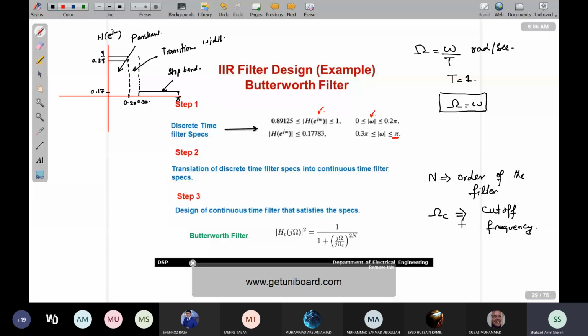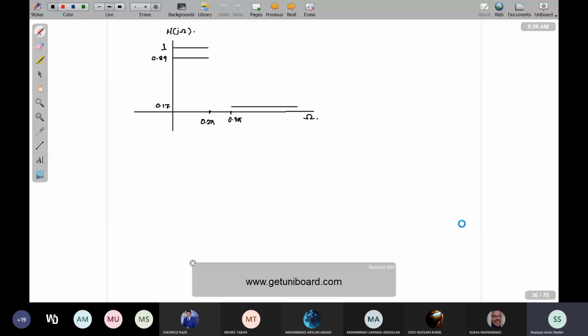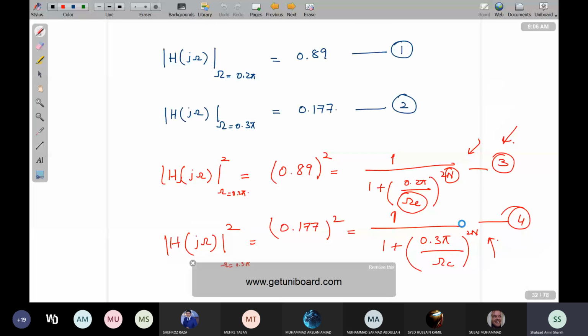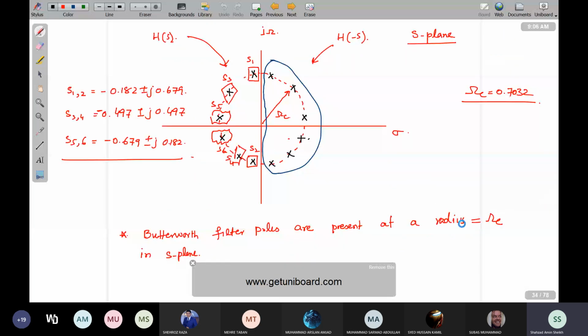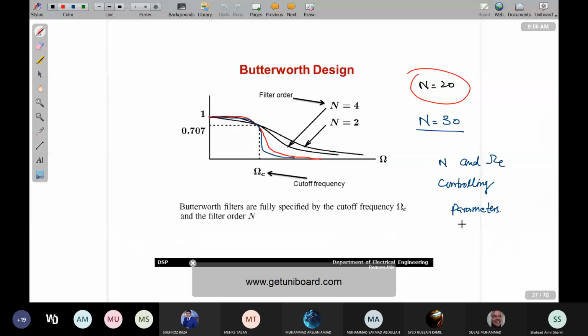These are the tuning parameters, controlling parameters for this Butterworth filter. So let's talk about these and then come back. Okay. That's the situation. So this is my Butterworth filter design and how this transfer function is represented here.